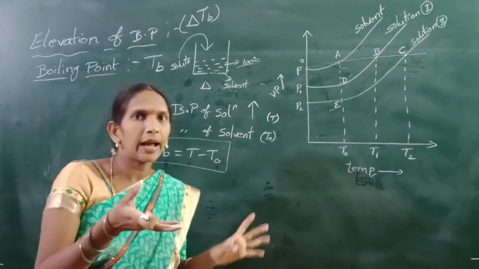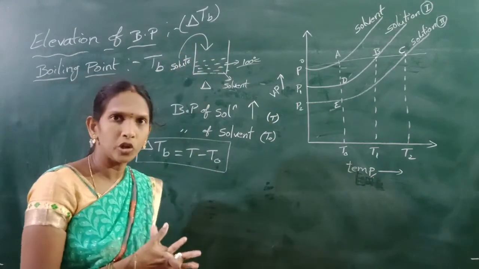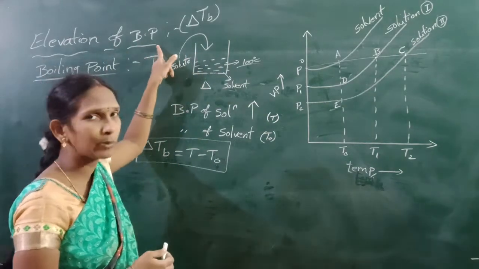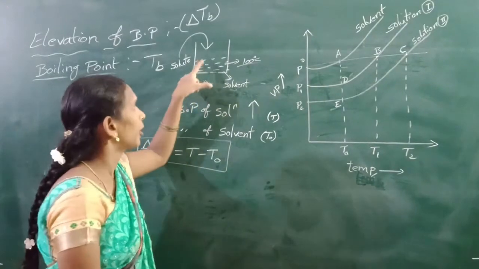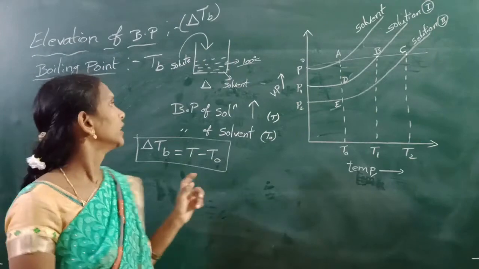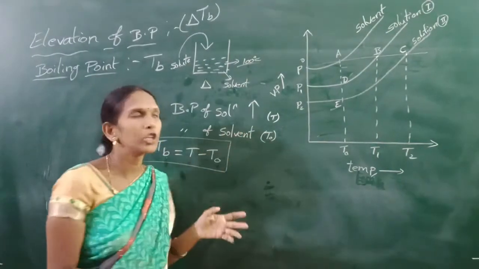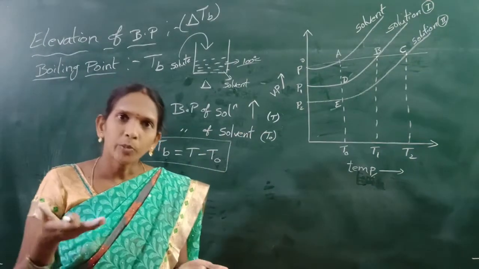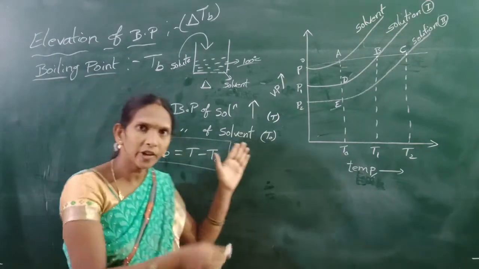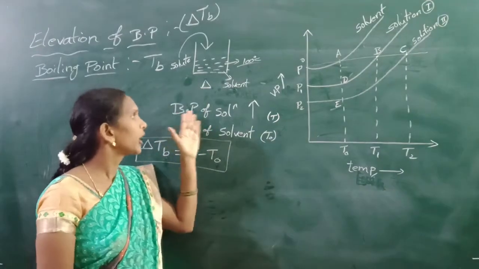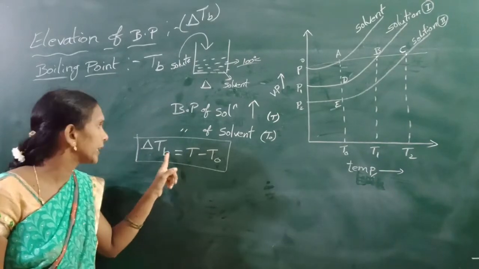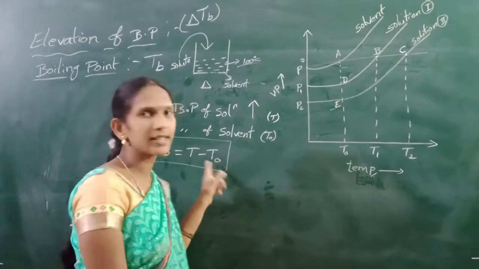The boiling point of the solvent is increased by adding a solute. That means the boiling point of the solution is higher than that of the solvent. Let us consider the boiling point of the solvent is T0 and that of the solution is T. Then the elevation of boiling point delta Tb is equal to T minus T0.